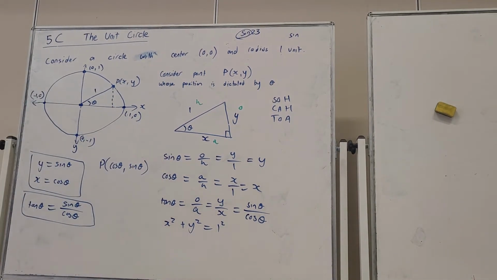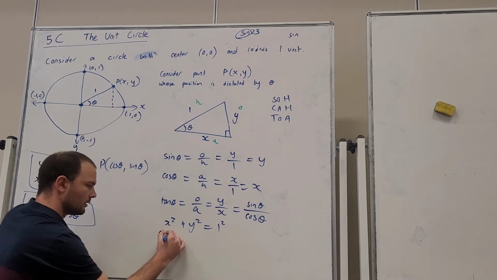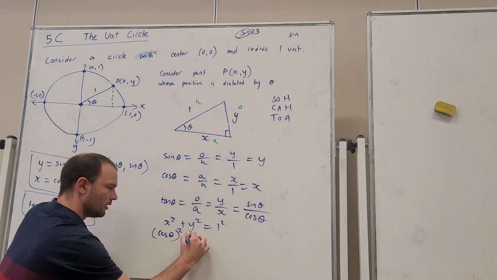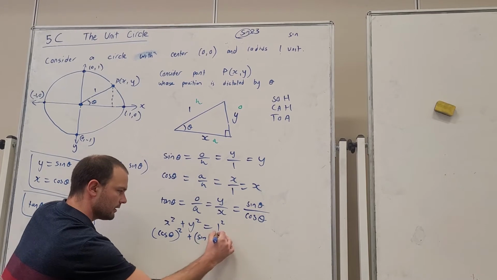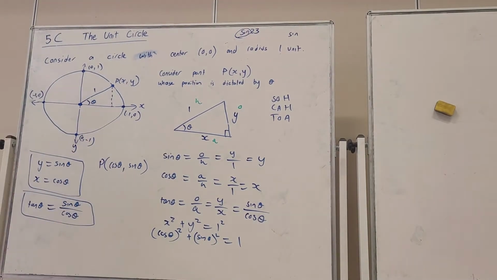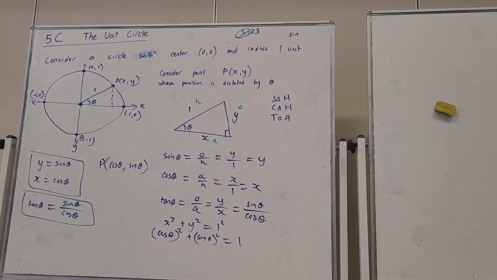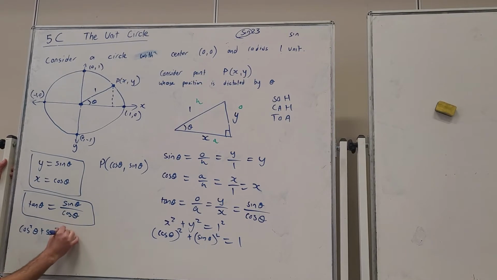But what is x? X is, in its simplest form, cos theta. Y is sine theta. And so then we have our third identity, which is cos squared theta plus sine squared theta is 1.